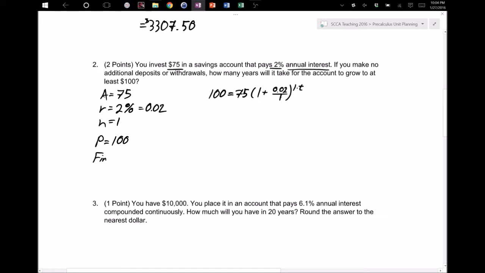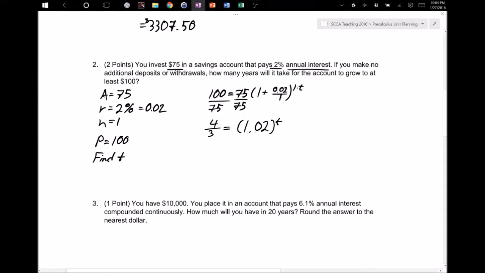I want to find T. So a couple of things I can do. I'm going to rewrite this. If I divide both sides by 75, I end up with 4/3 equals 1 plus 0.02, 1.02 to the T.